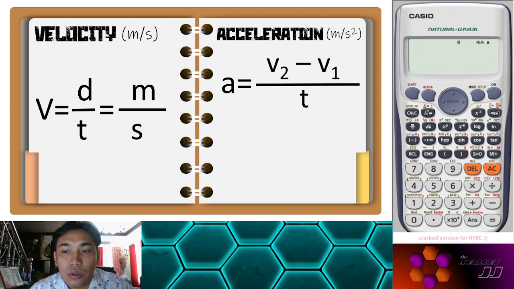You have 10 meters per second to 15 meters per second. That is different from 0 to 15 and 0 to 10. So acceleration has its starting point to its peak, or whatever you want to get. So we have here v2 minus v1.